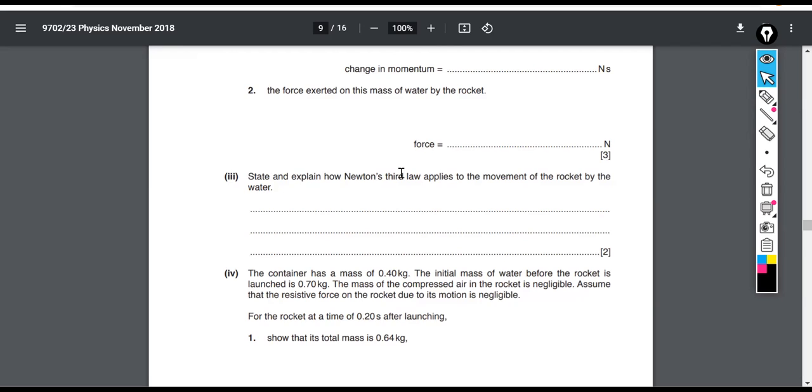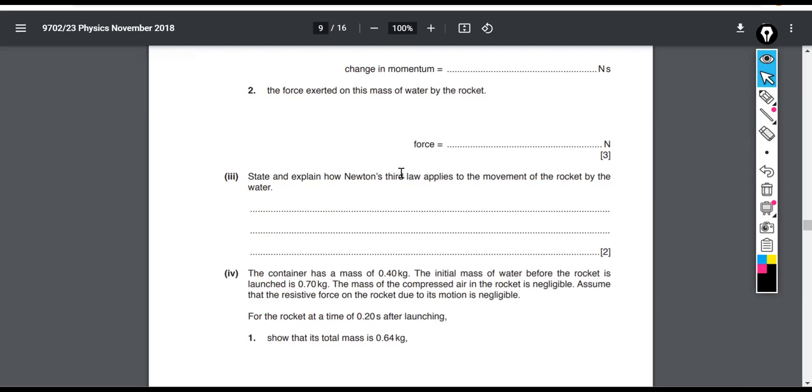So the force of the water crashing into the launch pad and into the Earth has an equal and opposite force, right? The downward force of the fuel hitting the launch pad has an equal and opposite upward force that we call thrust. So the thrust is the force that propels it upwards, right? The force of the water crashing into the launch pad, that's the equal and opposite force there.